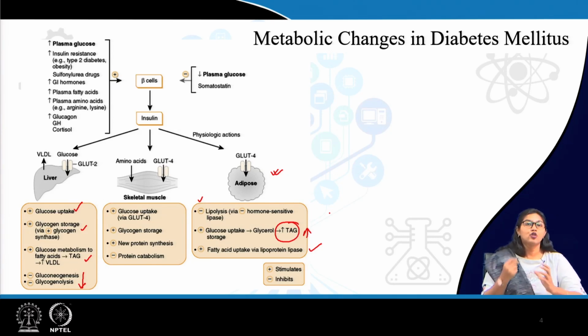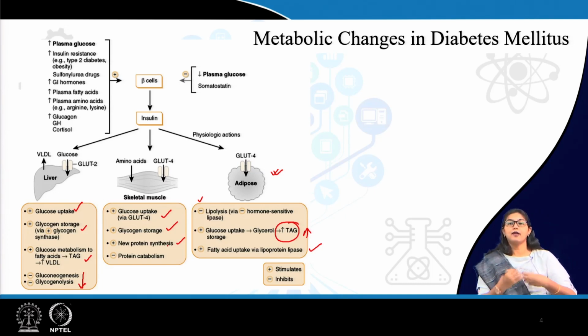Then the normal function of insulin in skeletal muscle is uptake of glucose, supplying energy, storage of glucose in the form of glycogen, and use of amino acids for synthesis of protein. All these things will be hampered because there is no insulin. So, what will happen?